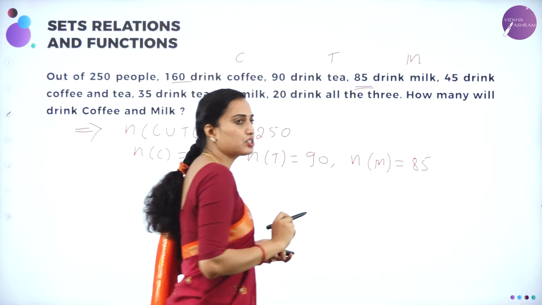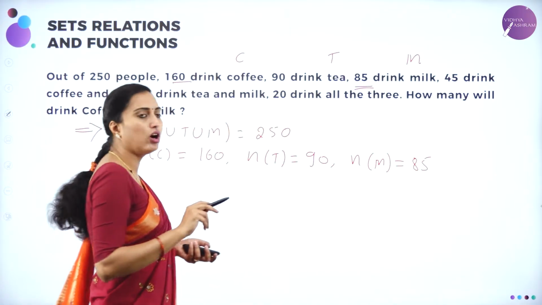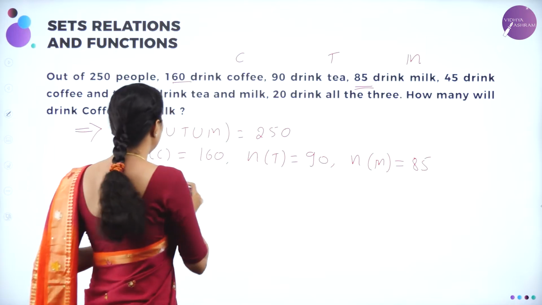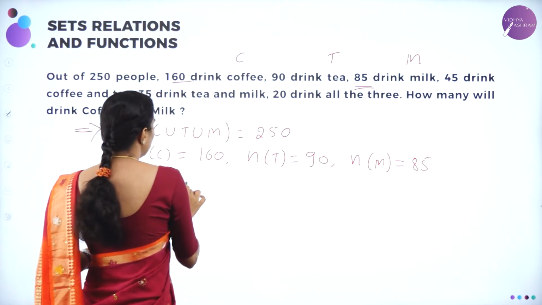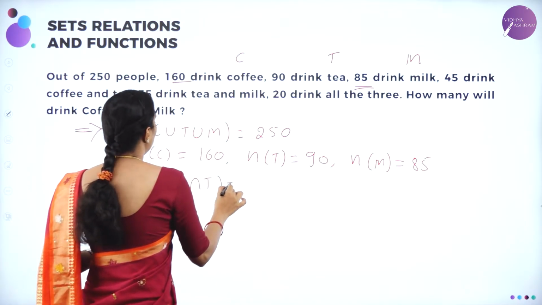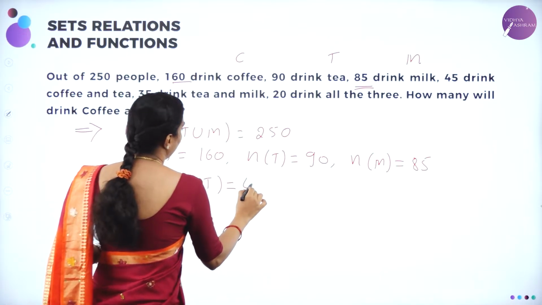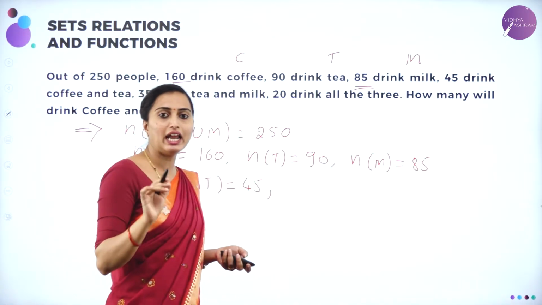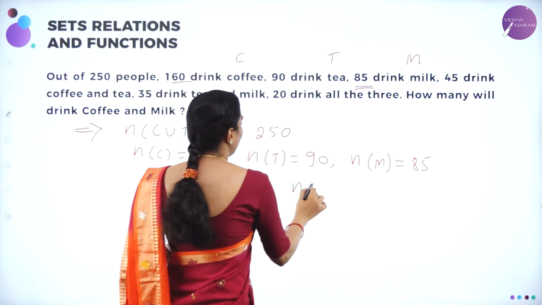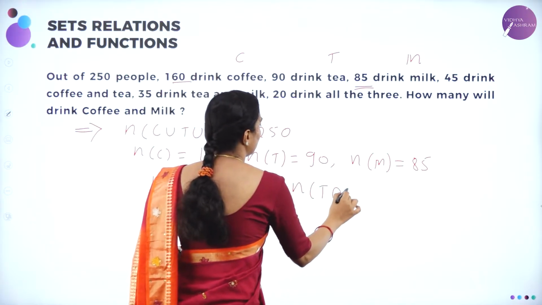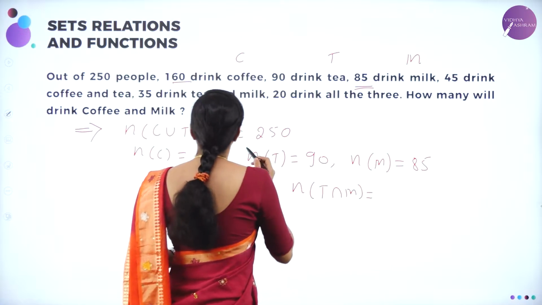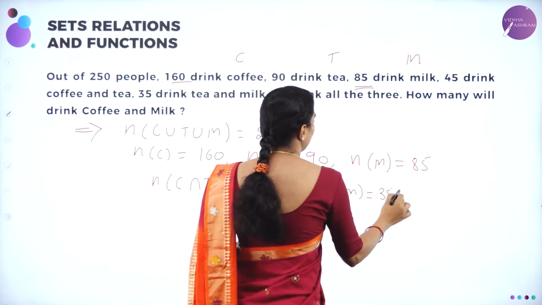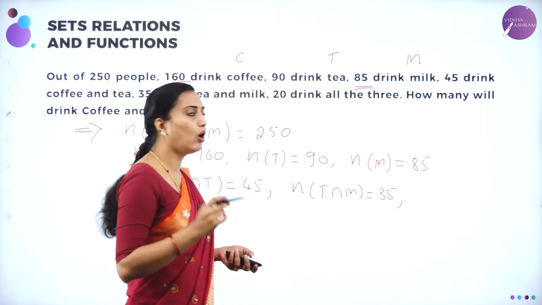We'll move on to the intersection. 45 drink both coffee and tea. Both coffee and tea means N of C intersection T is equal to 45. And then 35 drink tea and milk. That is N of T intersection M is 35. 20 drink all the 3.